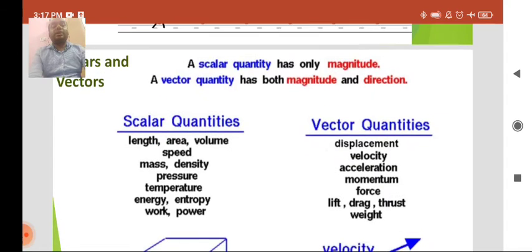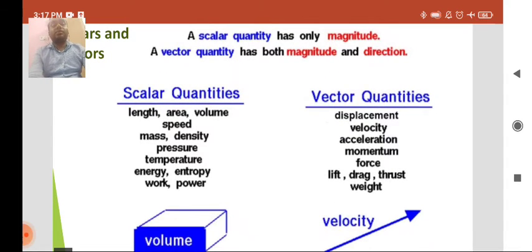Examples of scalar quantities: length, area, volume, speed, mass, density, pressure, temperature, energy, entropy, work and power, etc. Examples of vector quantities: displacement, velocity, acceleration, momentum, force, lift, drag, thrust, weight.